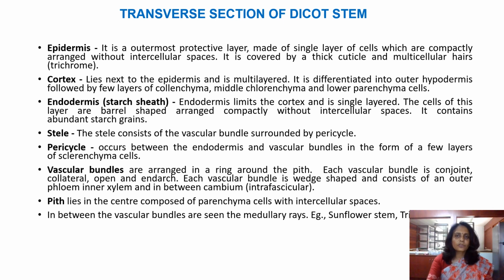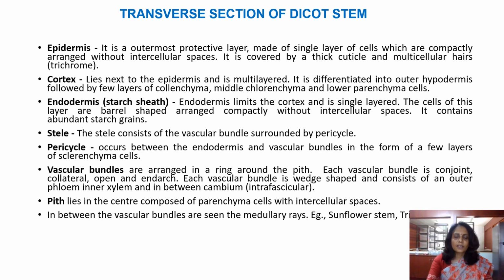The central part of the stem shows the presence of the stele region, surrounded by the pericycle, which is made up of compactly arranged parenchyma cells. The vascular bundles are arranged in a concentric ring-like structure. Each vascular bundle is conjoint, collateral, and open. There may be many vascular bundles in the stelar region.